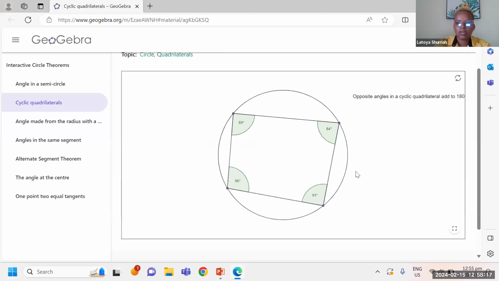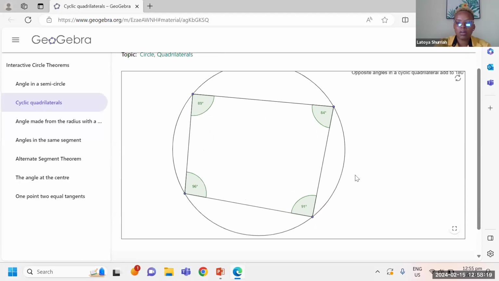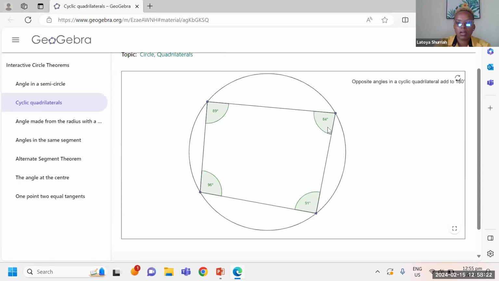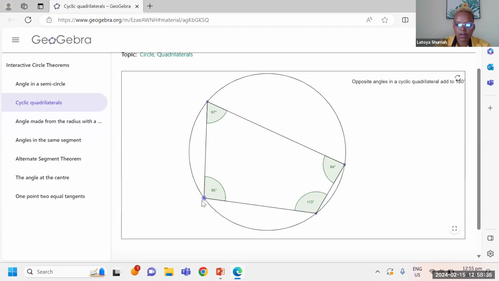Okay, I'm trying to zoom it on up. All right, this is as big as it gets. All right, tell me what you notice. Mercedes, go and look. You notice something already?